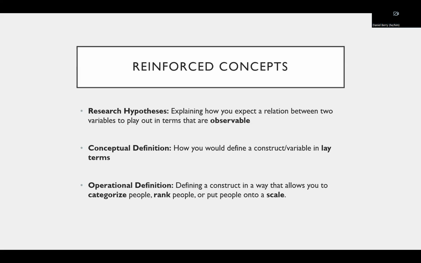Conceptual definitions refer to how a layperson would describe a construct. So what does this construct mean in lay terms? And an operational definition is exactly how you measure it. How do you reify that construct? How do you give a person a score on that construct that gives it some kind of meaning?